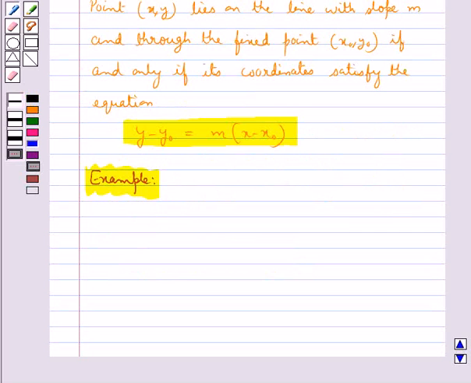Let's try and find the equation of a line passing through the point P with coordinates 4, 3 and having slope say m equal to 2. So from here we have x0 is equal to 4 and y0 is equal to 3.